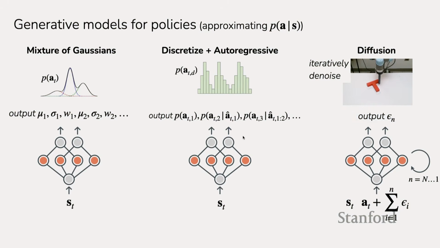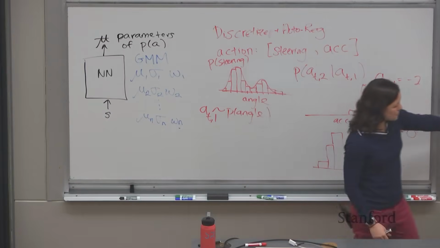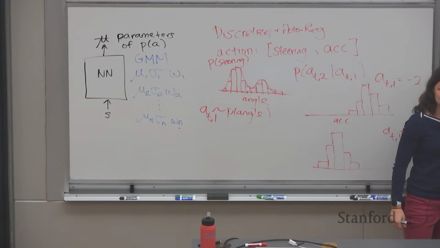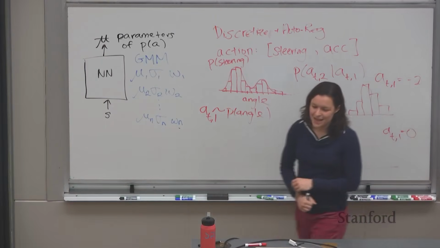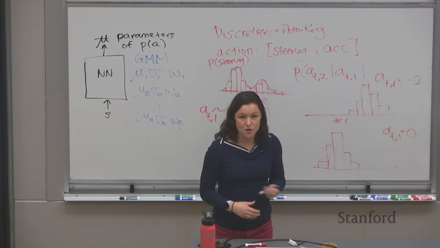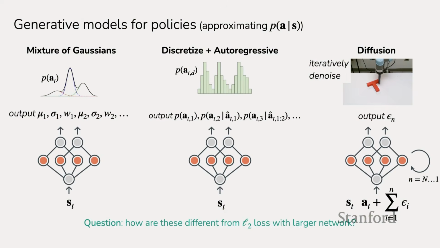One thing that's notable is that both autoregressive models and diffusion models have some sort of iterative process. In autoregressive models, it's iterative over the dimensions of your prediction. In diffusion, it's iterative over the denoising process.